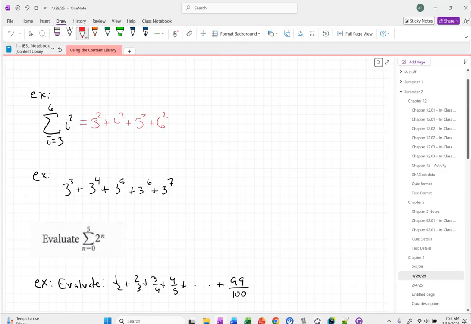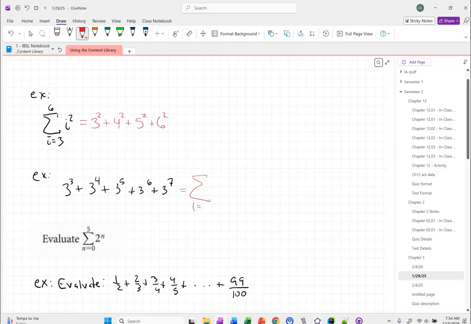All right. So the next one, we have an expanded form, and I'm going to rewrite that in summation notation. So I'm going to use i as my index variable. If I look at the terms of this series, what does it look like the pattern is? Okay, the exponents are going up.